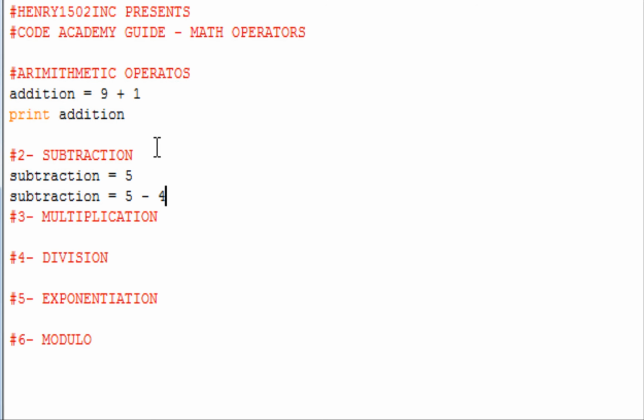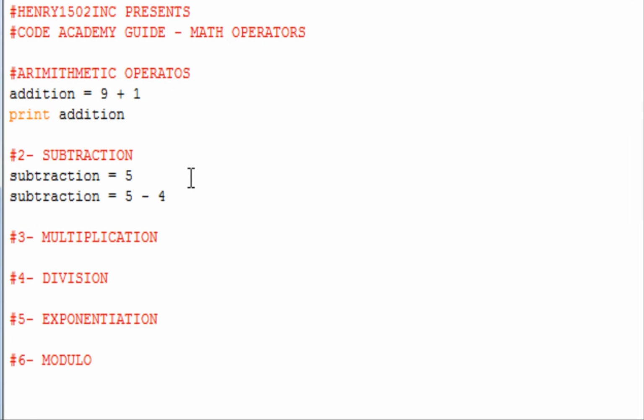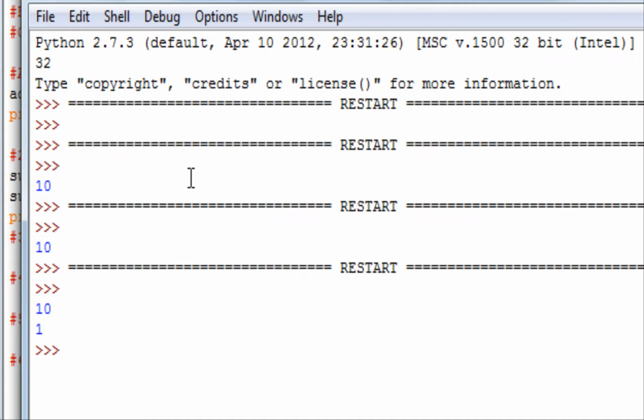Now if you went to school, you should know that 5 minus 4 equals 1. And once again, I forgot to print it. Make sure to print. So it runs the top part, the addition part, and then it runs the subtraction part.